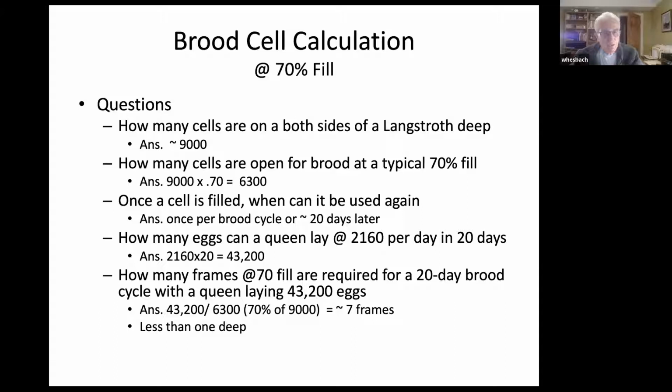They can be split over 2, but they'll never be more than this. That's all you can get. So a single queen has that capacity. Now, if you had 2 queens in a colony, you could have double that capacity, but you can't get higher than that with 1 queen.